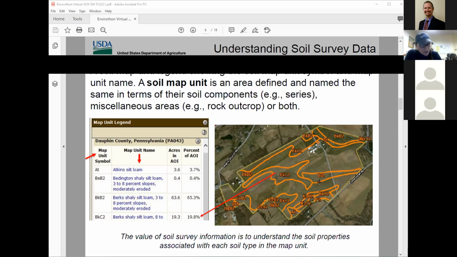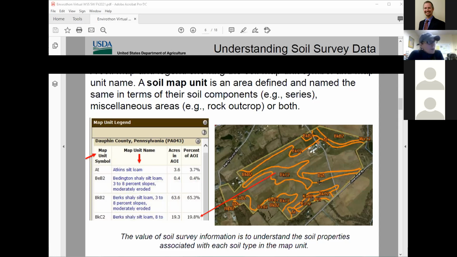So for example, for the soil polygon labeled BEB2 on the map, I can use the legend and know that the map unit name is Beddington shaly silt loam, 3 to 8 percent slopes, moderately eroded. So what does this mean? Well, we'll get into that further. You can hit the map unit name, the blue one, and it'll give you more information.